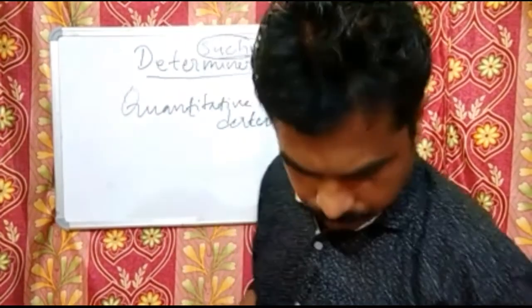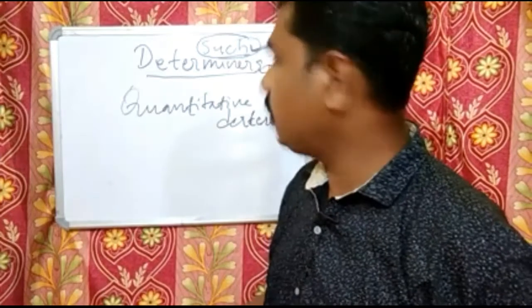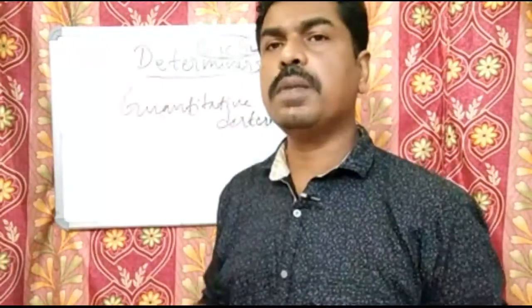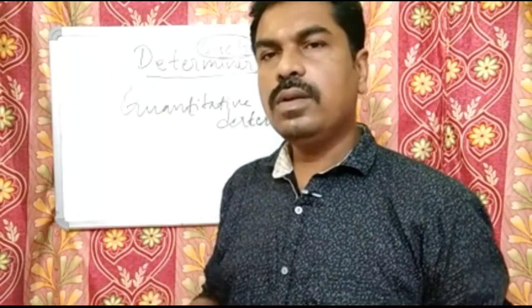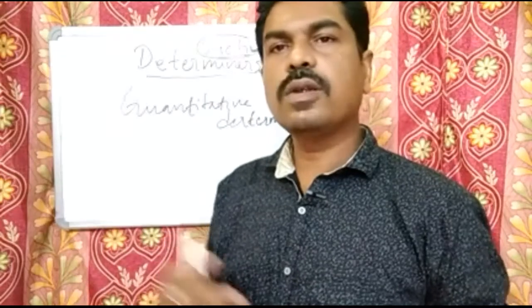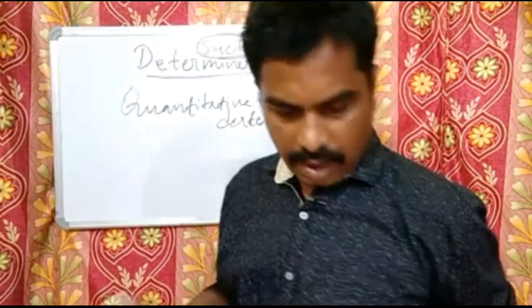It refers to the quantity or degree of the noun. Suppose degree, like he is very happy, he is very sad. So it talks about the degree of happiness or the degree of sadness.